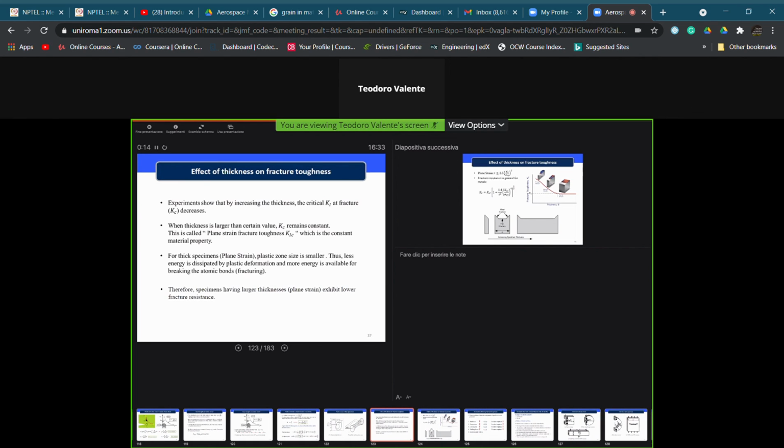So actually, I didn't understand the meaning of by increasing the thickness, the critical K1 at fracture will decrease. I would be glad if you can give a brief explanation.